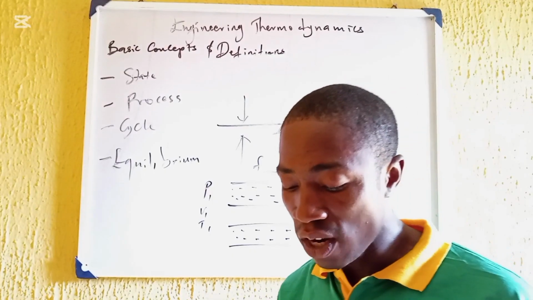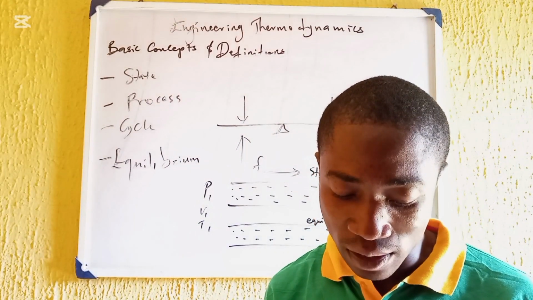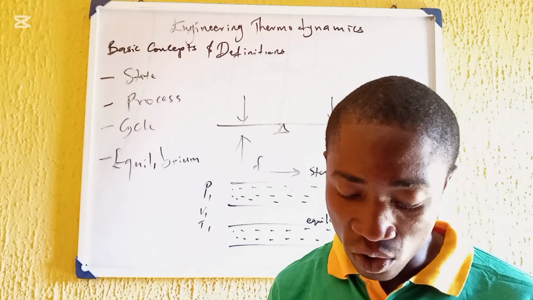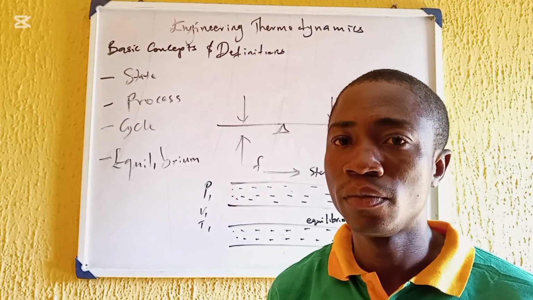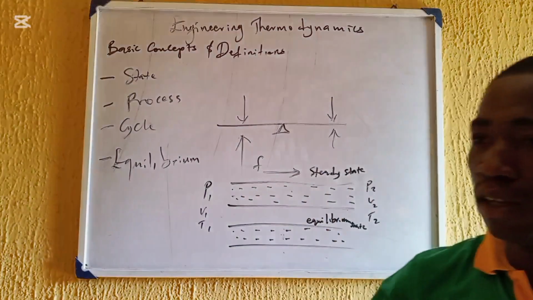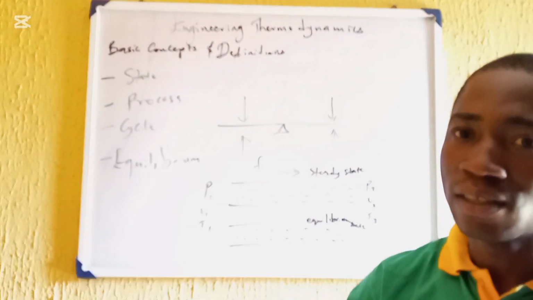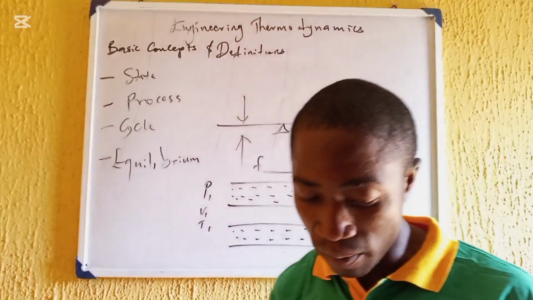The third one is chemical equilibrium. There is no chemical reaction going on in the system. So we don't have reactions going on in the system. The chemical composition is also the same throughout the system. If we have a system made up of gas, we should have the same chemical composition within the system.